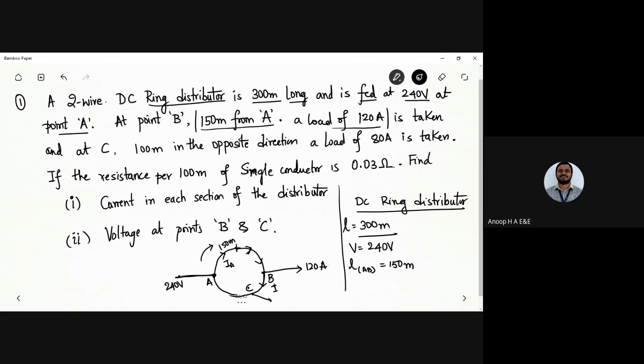If 120 amperes is taken out, the remaining current is IA minus 120 amperes. At point C you take another load of 80 amperes. So what is the current flowing in CA? IA minus 200 amperes. Getting the point, right?